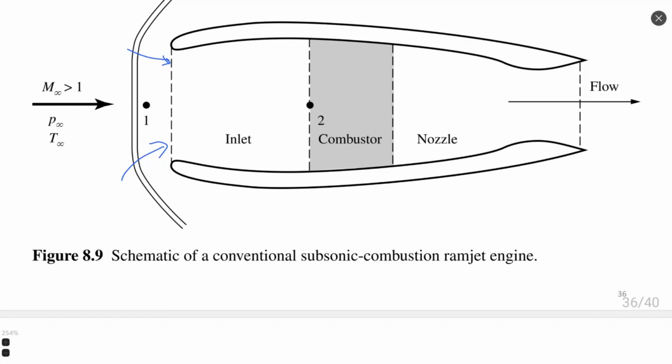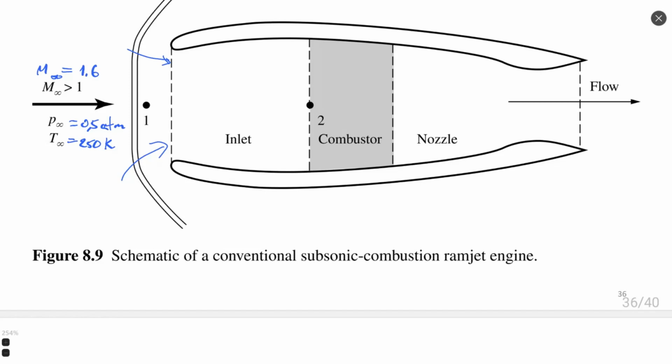So P infinite is 0.5 atm, T infinite would be 250 Kelvin, and M infinite would be 1.6. I like 1.6 because it works better with low Mach number. With high Mach number, it doesn't work at all, because as you will see, efficiency is very, very bad, as you already saw also from graphics. I think these values are good.